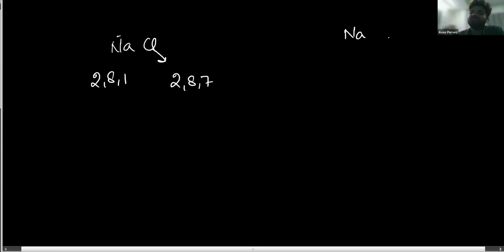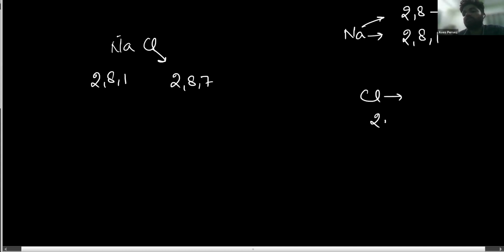For example, this is sodium. It has the electronic configuration 2,8,1, but the nearest noble gas of sodium is 2,8, and that is neon. Similarly, chlorine has electronic configuration 2,8,7, but the nearest noble gas to chlorine is argon, which has electronic configuration 2,8,8.